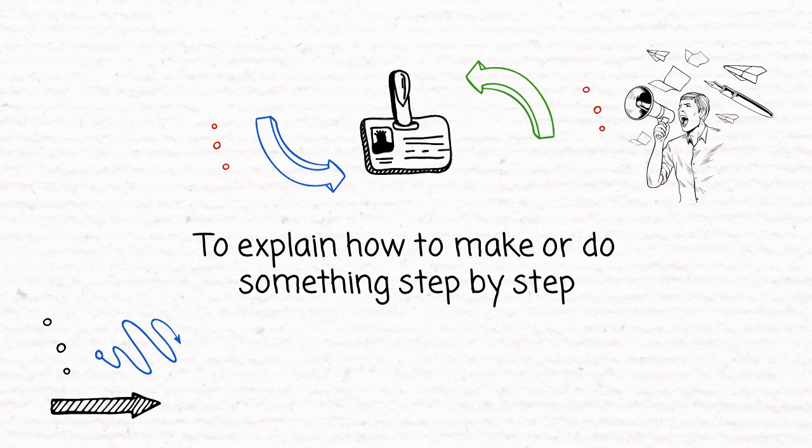So, procedure text is about tutorials, about how to make, how to do, how to operate something, and etc. Procedure text is a text that is designed to describe how something is achieved through a sequence of actions or steps. Simply, procedure text is a text to explain how to make or do something step by step.